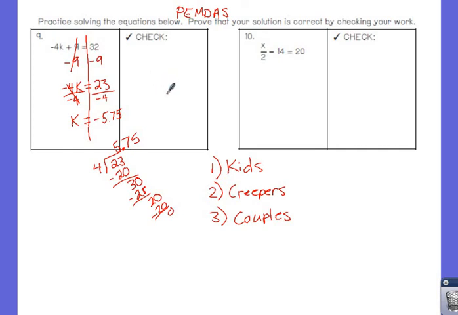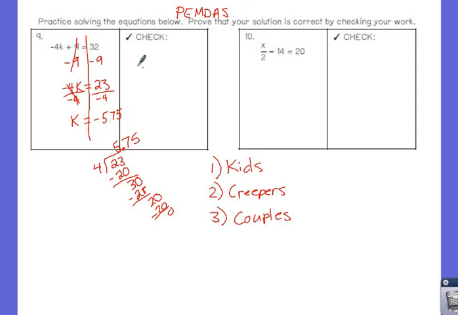Should you, by the end of your quiz tomorrow, know what you got on your quiz? If you tested all your questions and checked them, you should know if you got 100% or not before you turned it in. You just put your answer back in for the variable.